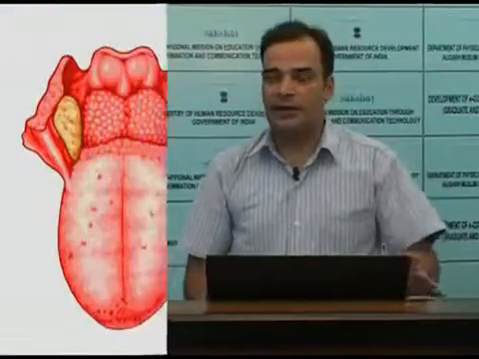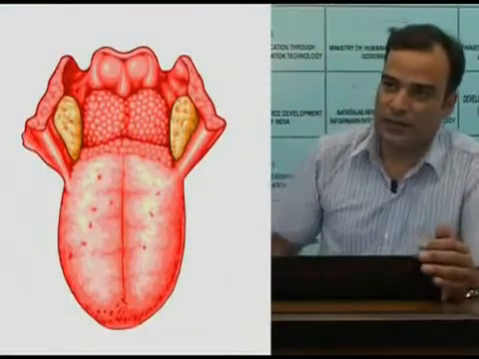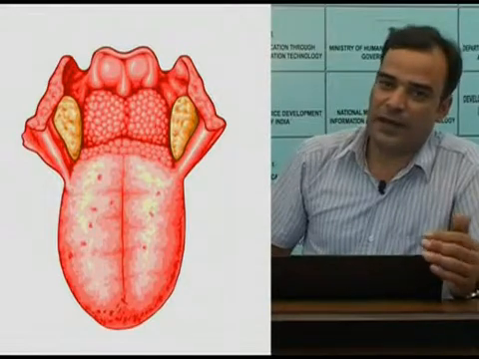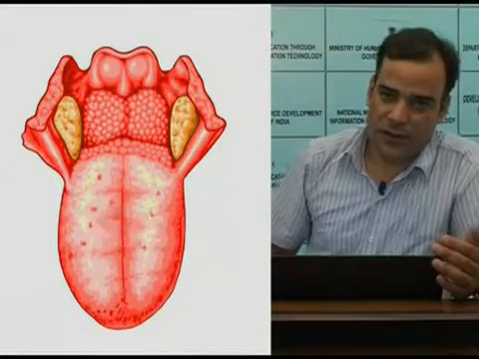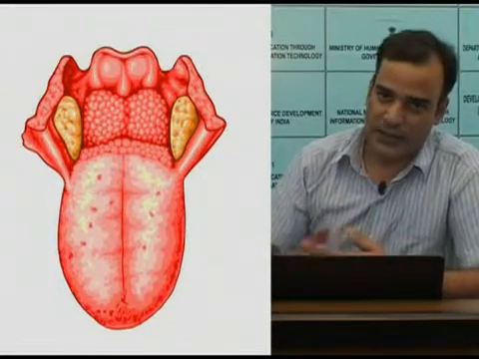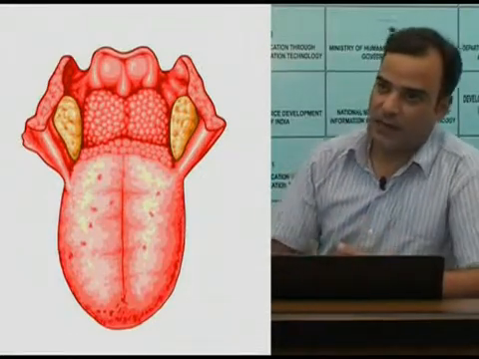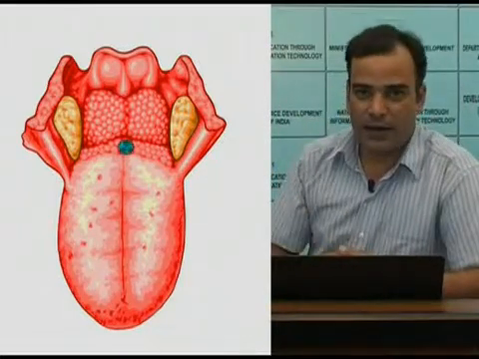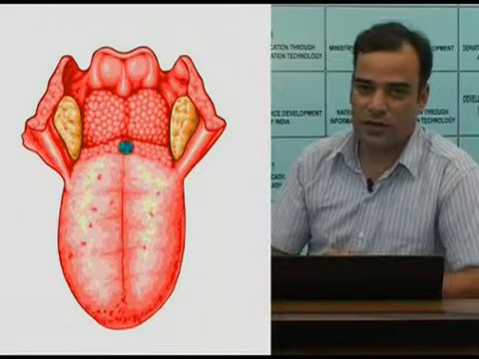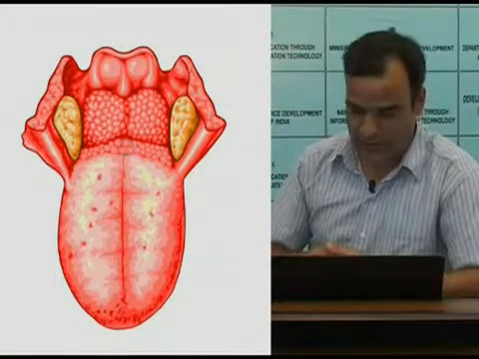In the diagram here, you can see first the pharyngeal part of the tongue and the oral part of the tongue. And both parts of the tongue, that is the part that lies in the pharynx and the part that lies in the mouth, are separated by a V-shaped sulcus called the sulcus terminalis.